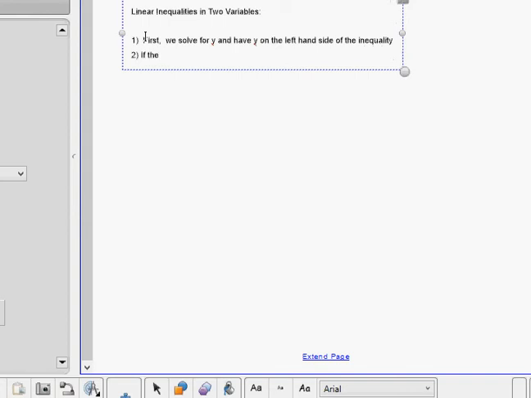If the equal sign is there for the inequality, the boundary line will be solid.